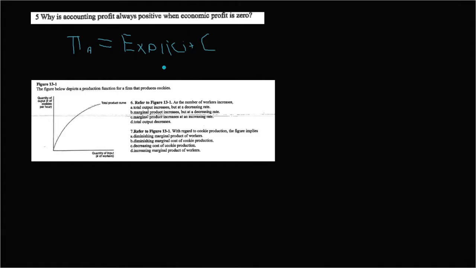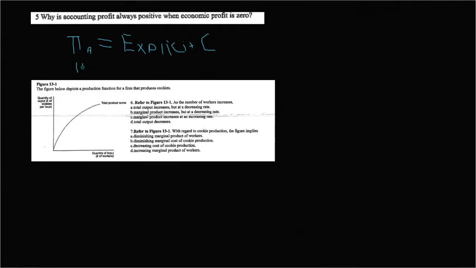So that would be your rent, your wages, your startup costs, your cost of an oven. Anything like that. That would be your explicit costs. Anything you pay directly from your wallet.